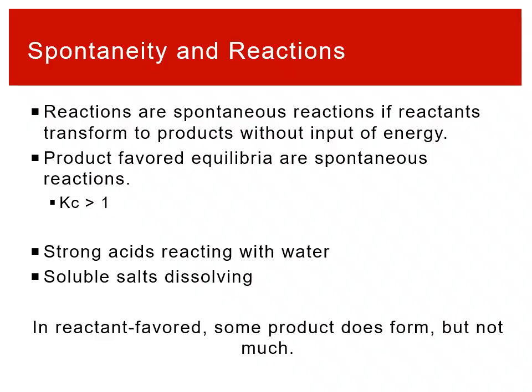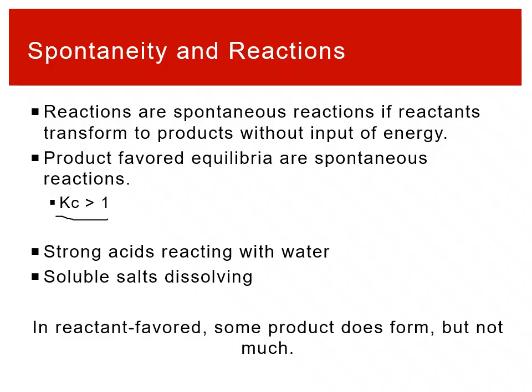That's what it means for a reaction to be spontaneous. Within the context of what we've learned, a spontaneous reaction is any time that you have a product-favored equilibrium. The equilibrium constant describes whether these reactants turn into these products. So if the equilibrium constant is greater than 1, we call that a spontaneous process.